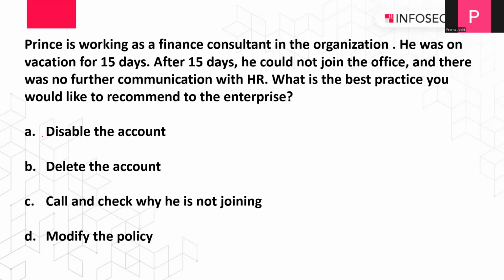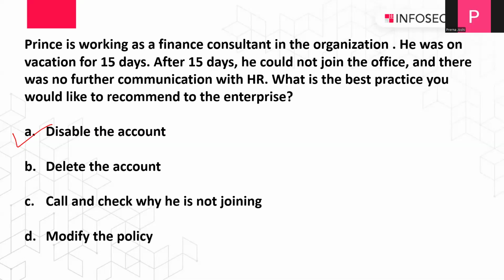So here we have these options, which say disable the account, delete the account, call and check why he's not joining, modify the policy. Among these options, the correct answer is disable the account. Right. So the correct answer is A, disable the account. Why is delete the account not the correct answer?